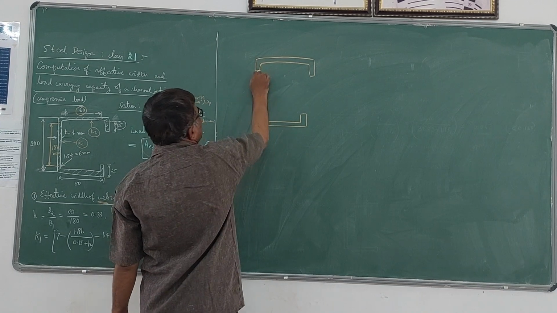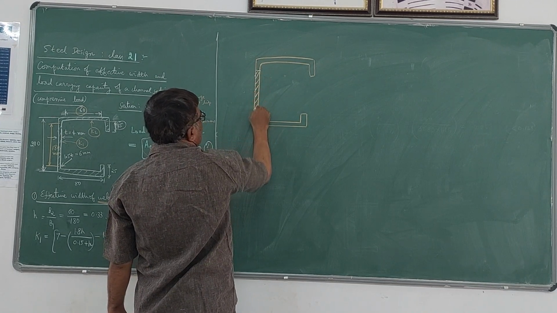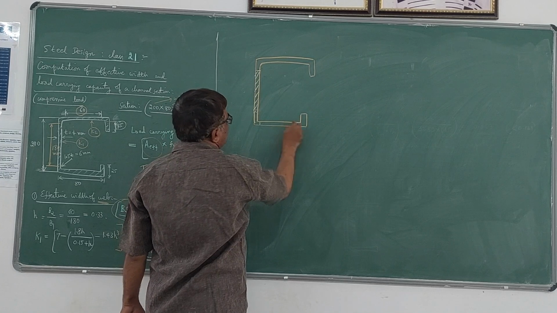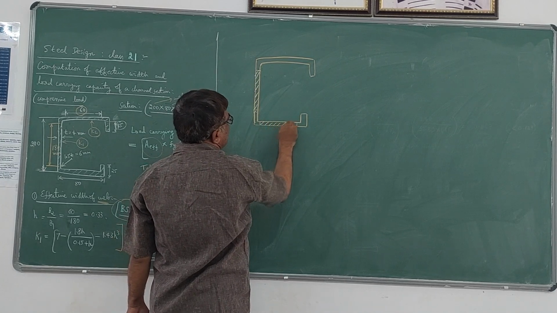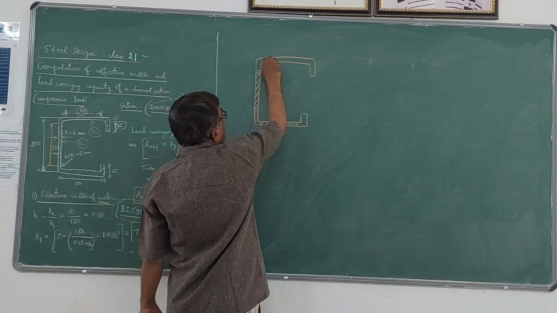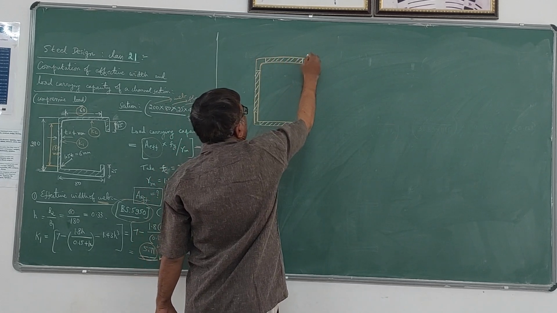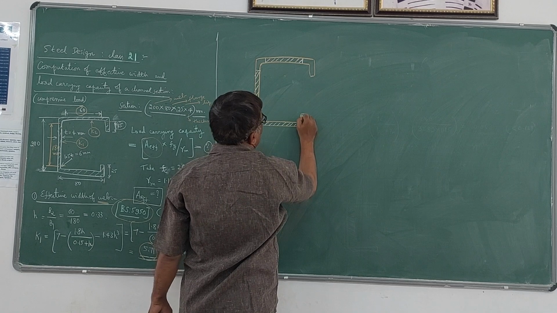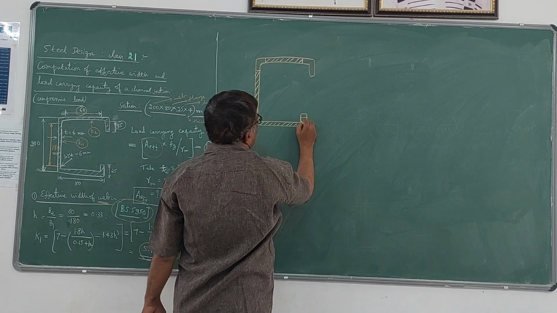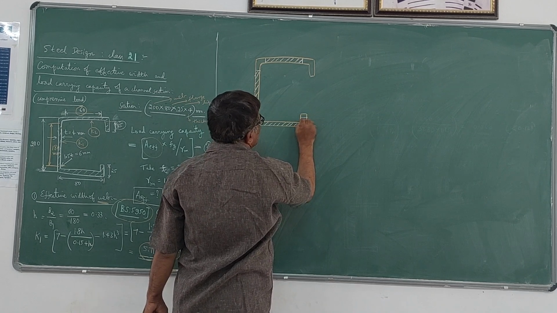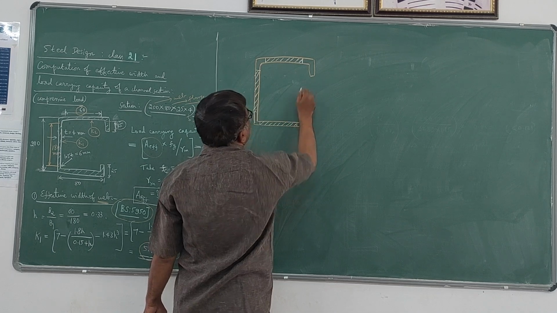This is one part. Then flange portions, there are 2 flanges here. This is another part. And the lip portion is another part. So something like this, this is the lip portion you can take.